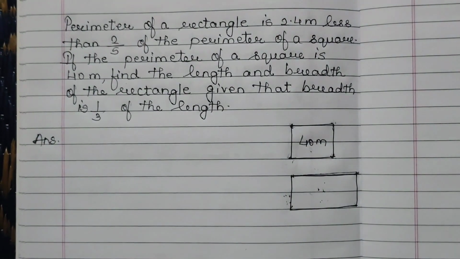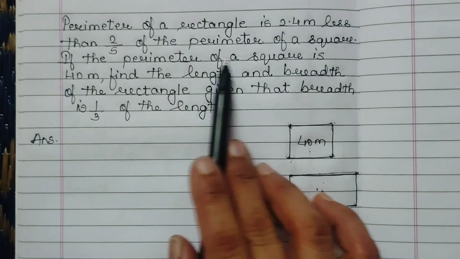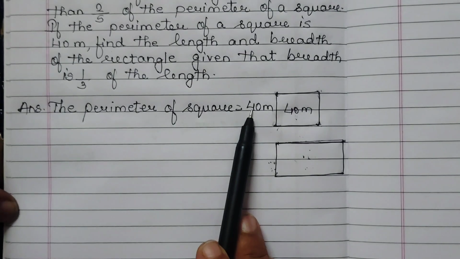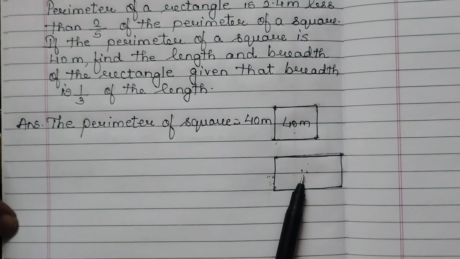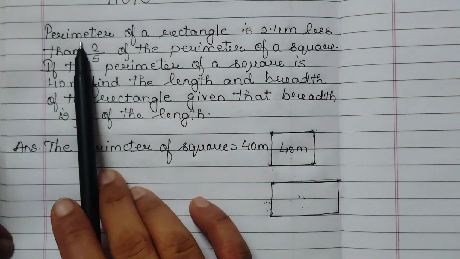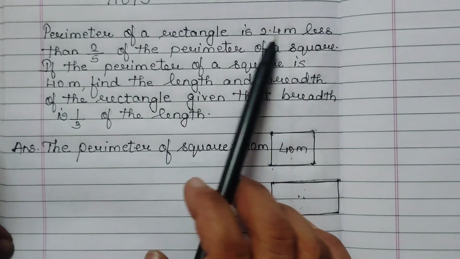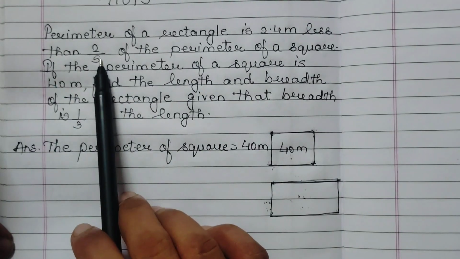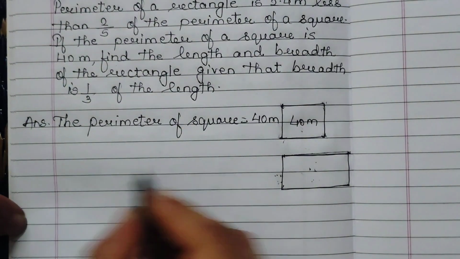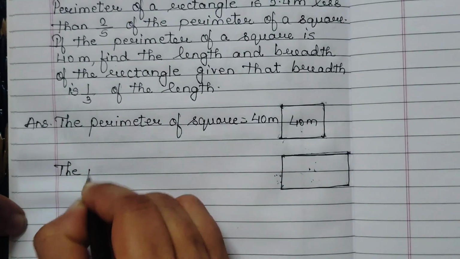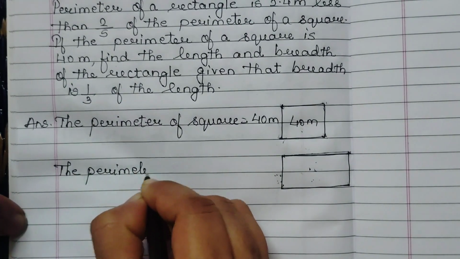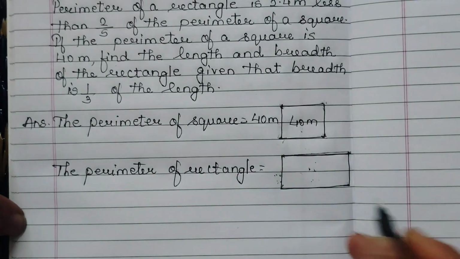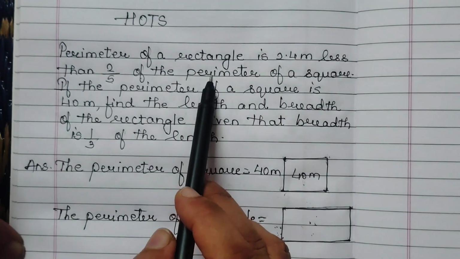So let's start. First we write what we have: the perimeter of square is 40 meter. Now we are going to find the perimeter of the rectangle. What they have given is that the perimeter of the rectangle is 2.4 meter less than 2/5 of the perimeter of a square. So we will write: the perimeter of rectangle is equal to 2/5 of the perimeter of square.